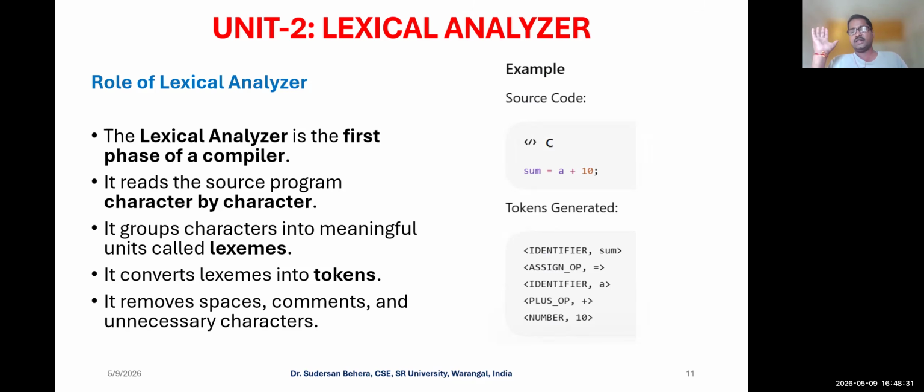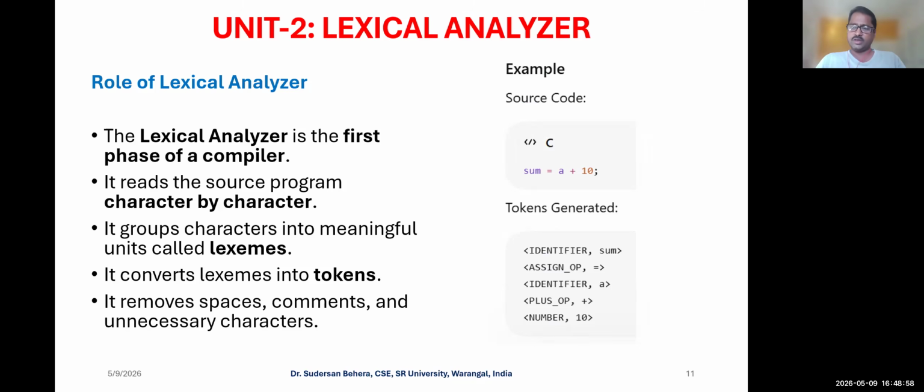Next, these are the tokens generated by the lexical analyzer for that single line. Once it scans sum, what is sum? Sum is an identifier, and the serial number of that identifier is 1. Identifier comma 1. Or in short, as we have seen in the previous example, ID1, ID2, ID3. That 1, 2, 3, the subscript, is nothing but the serial number.